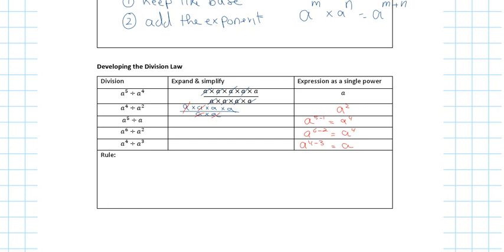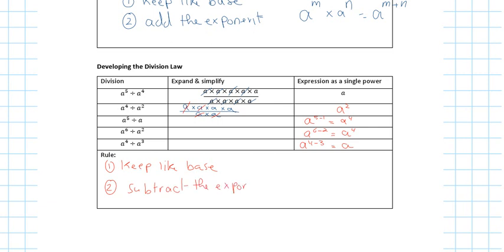So with the division law, again, we're going to keep the like base, and then you're going to subtract the exponent.